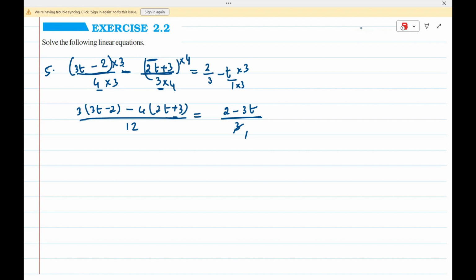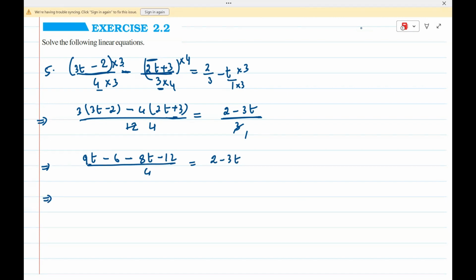But here 3 ones are 3 and 3 fours are 12, I can definitely cancel. Previously, in the original question, there was a 3 and here a 3 I could not cut because it was not the whole upon. Now multiply inside, which is 3 threes are 9t minus 6. And here the minus will go for both. So 8t minus 12 and whole upon 4. And here 2 minus 3t.